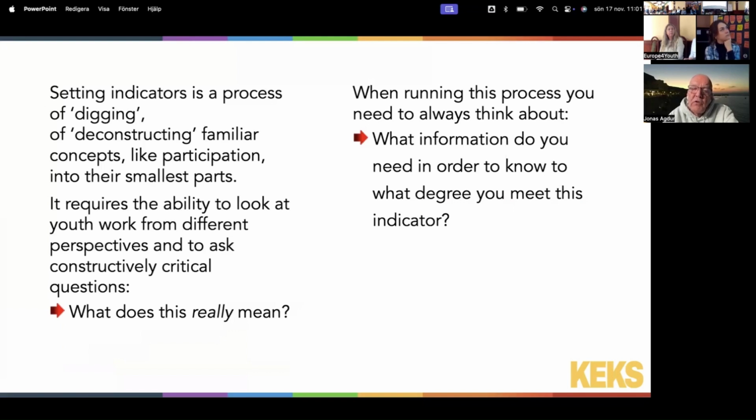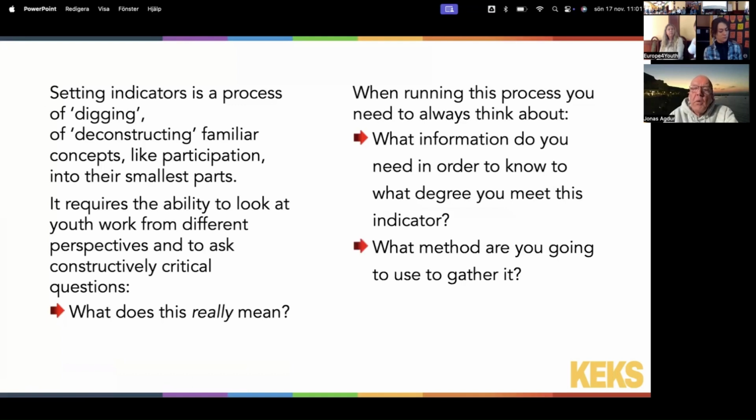Then the indicator is useless. So you have to have a parallel process looking at how we gather this information. And I would still say that asking young people in a structured way through questionnaires, and then, of course, making them part of analyzing the outcomes, that's the crucial way of finding out and developing youth work. What methods are you going to use to gather it?